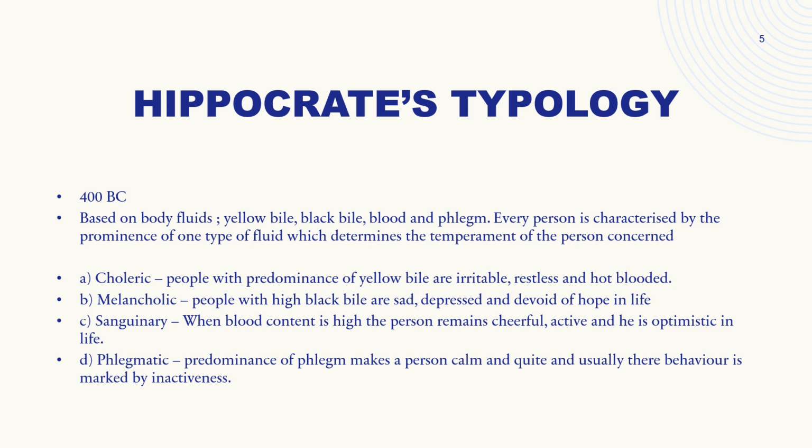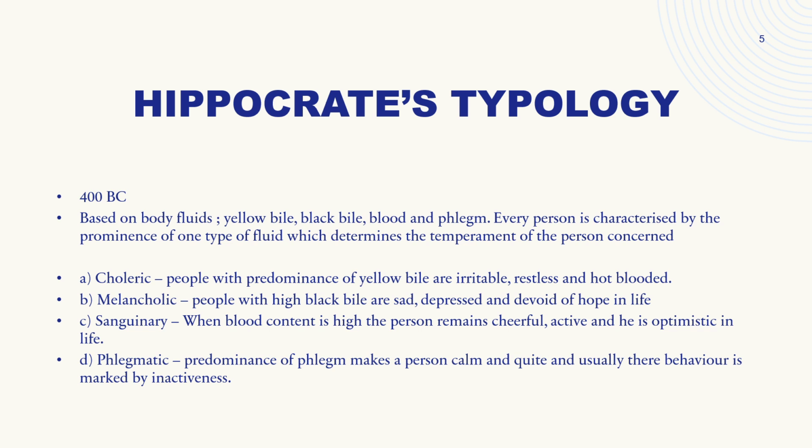Now coming to melancholic type. Melancholic type people are those having a prominence of black bile. Their characteristics include sadness, depression and being devoid of hope in life. They always seem melancholic. Third one is sanguinary type. Those are the type of people in whom the blood content is high.